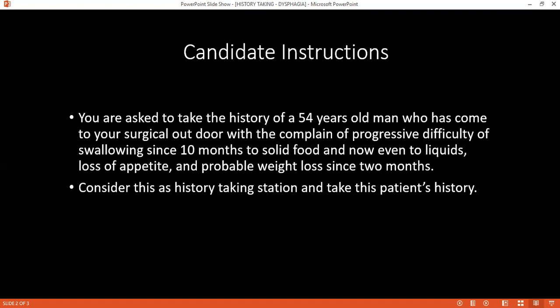Is it related to solid or liquid food? First I developed this with solid, and then gradually it progressed to liquid. Associated with pain? No. You told me that you have difficulty with food.